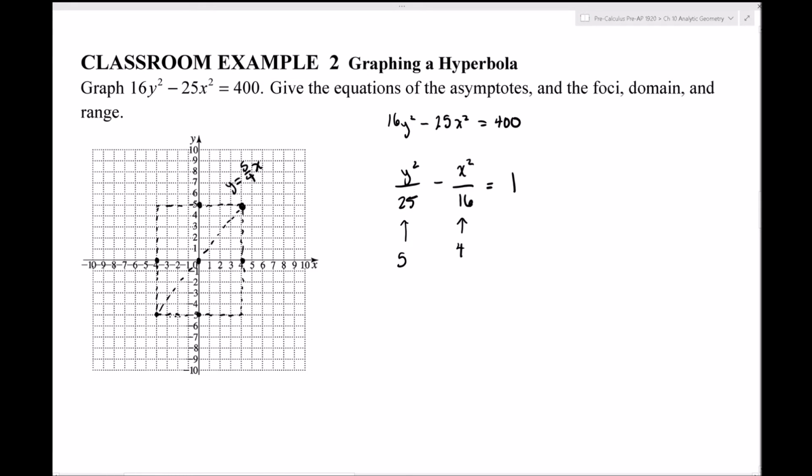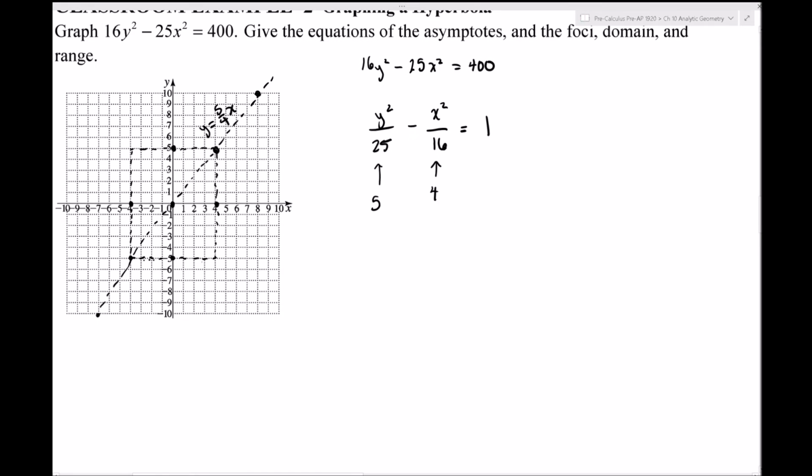So the next one would be 1, 2, 3, 4, 5, 1, 2, 3, 4. And I'm trying to connect the dots properly. It should look something like this. And that's one of my asymptotes. The other asymptote goes down 5 to the right 4. So it's a rise over run of negative 5 and 4. So 1, 2, 3, 4, 5, 1, 2, 3, no, that's 3, my bad.